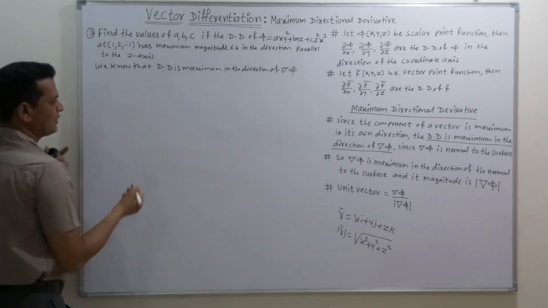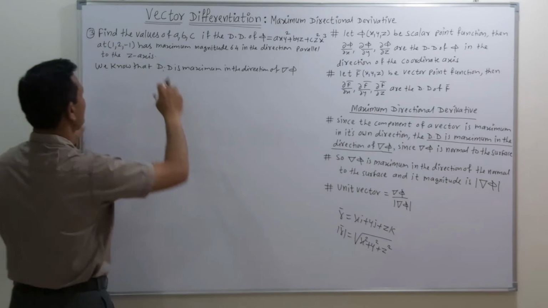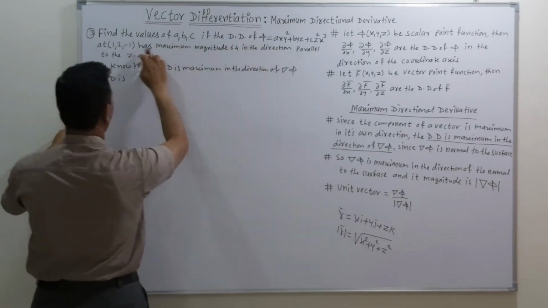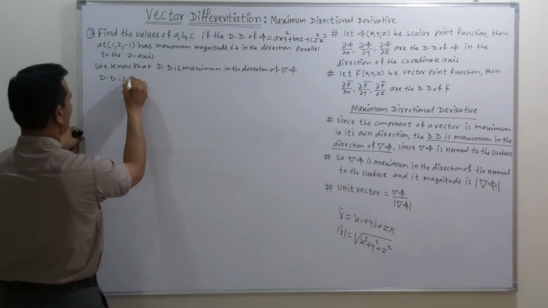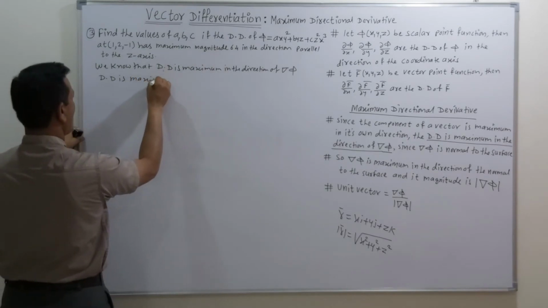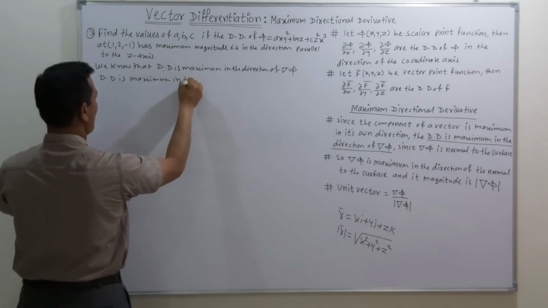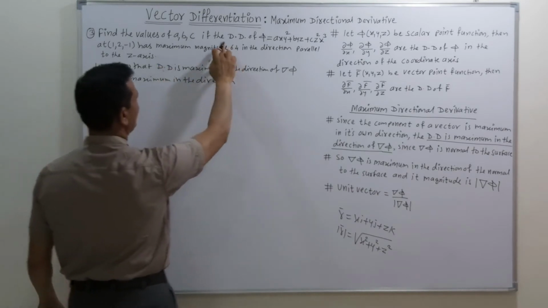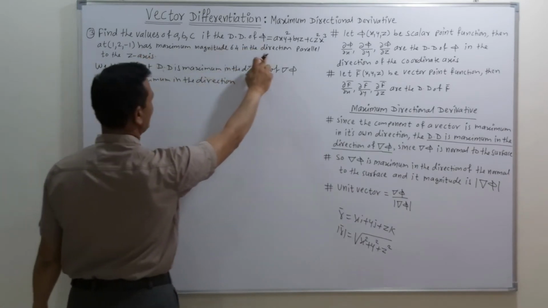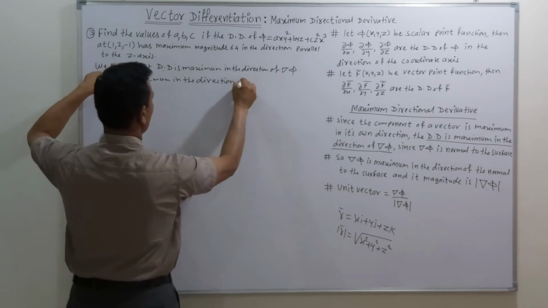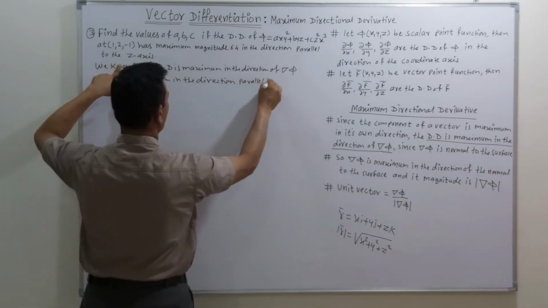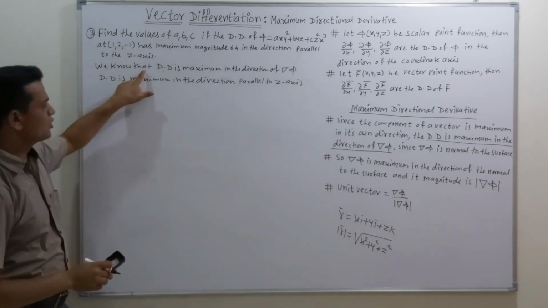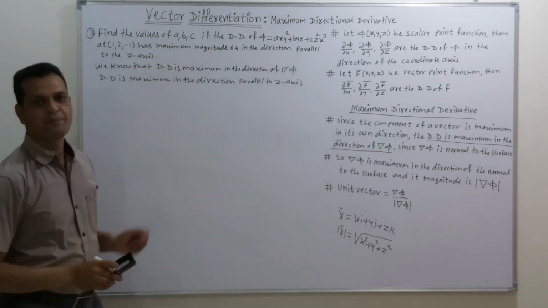Secondly, here in this question it is given that the directional derivative is maximum in the direction parallel to the z axis. So these two things are given. This is the known thing to us, and this is the thing which is given in the example.